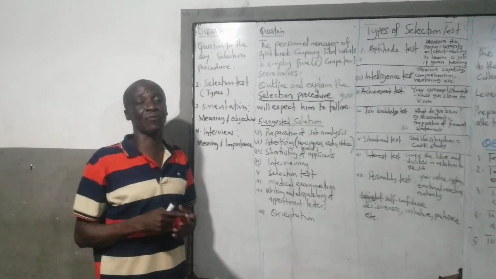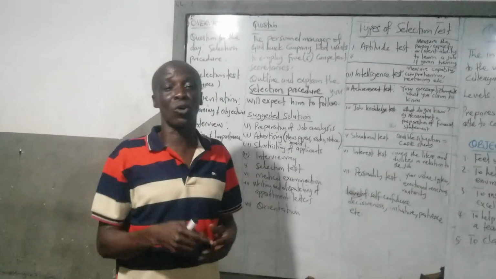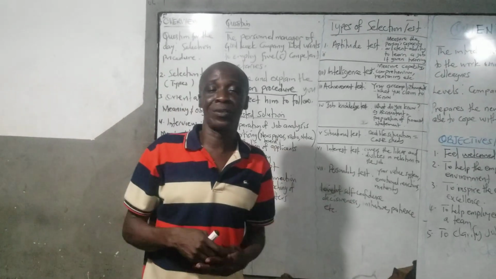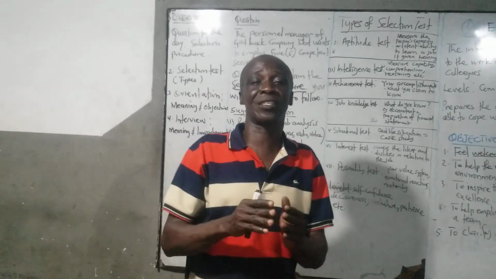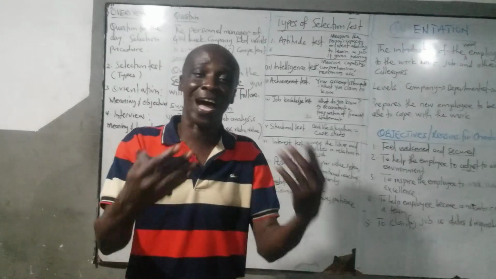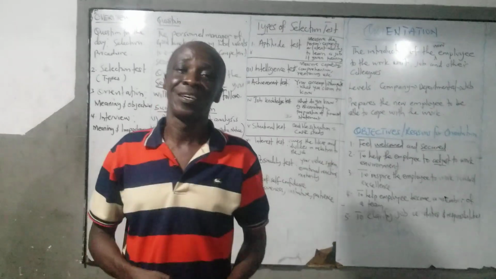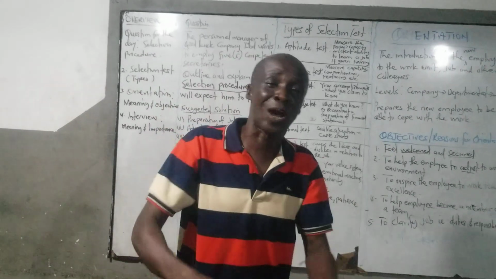When I say elicit from you, they ask you questions and then the response they want. So there may be 4, there may be 3, and each one may ask you questions on a special area. For example, somebody will be there and all that the person will be asking you is current affairs. Another person will be asking you questions about your knowledge in respect of the job you have applied for, and so on and so forth.